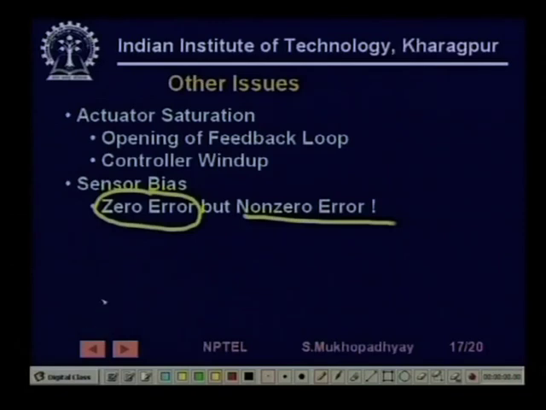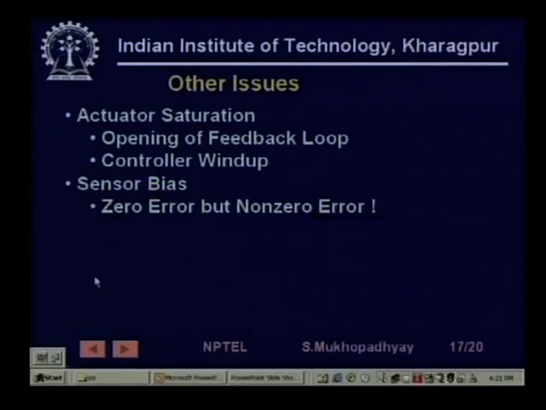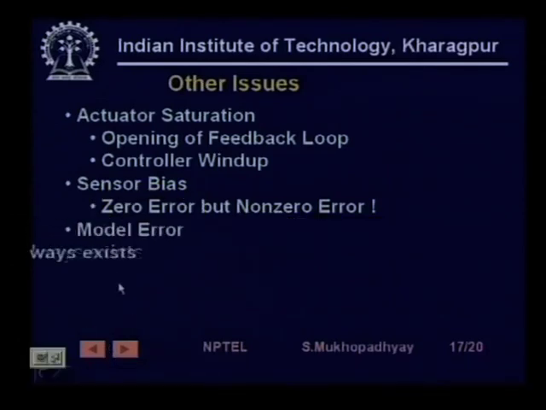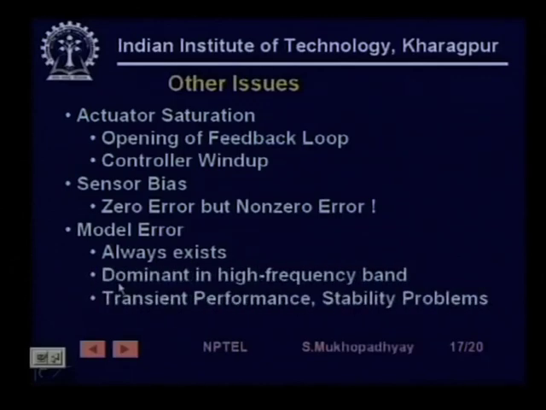Similarly, we have to remember that you design controllers based on some models, but it always turns out that these models are inaccurate. So, you are always going to have model errors, and these model errors are typically dominant in the high frequency band.